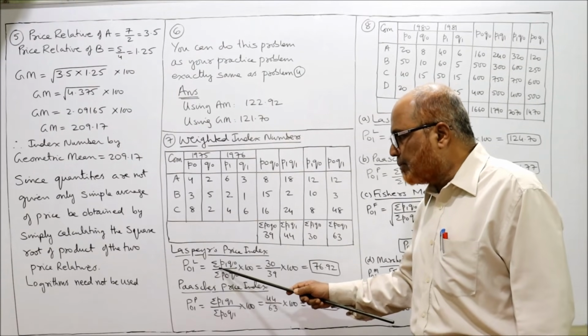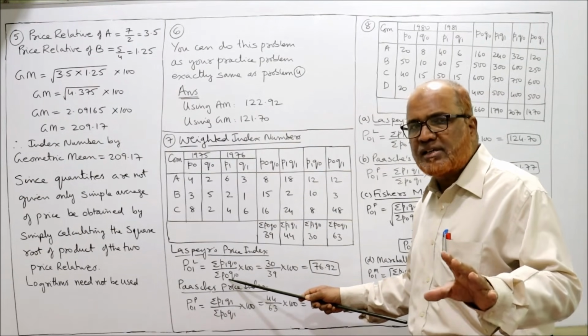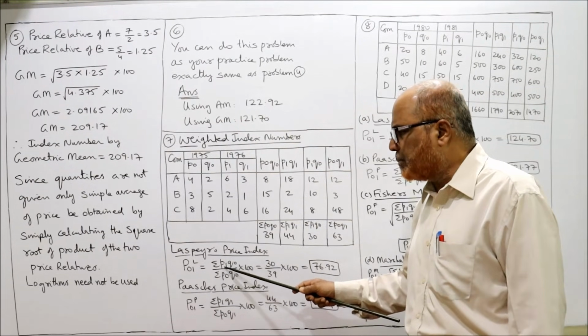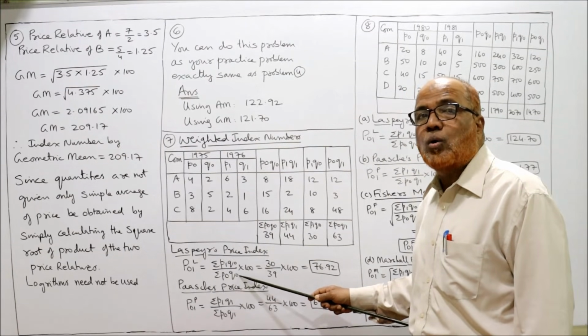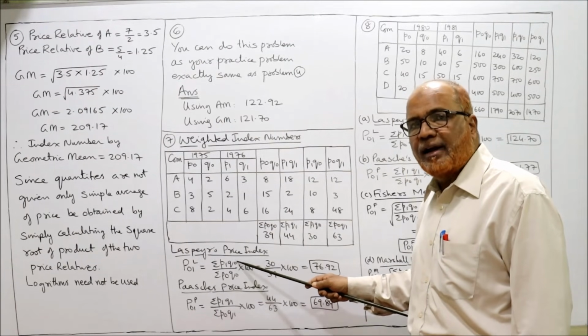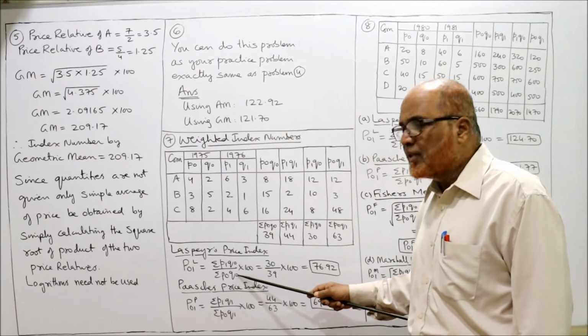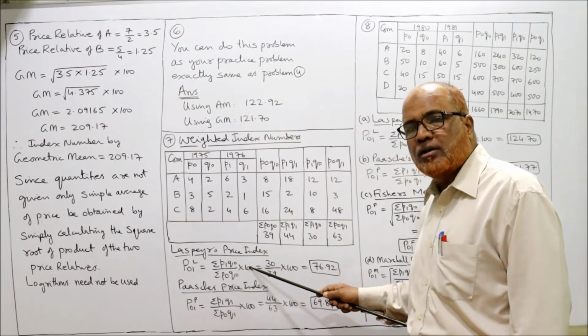See carefully. Summation P1 divided by summation P0, first you write down. Always in every problem, summation P1 by summation P0. Now you multiply the base year quantity. The base year quantity is Q0. Numerator Q0, denominator Q0. So it will become P1 Q0 over P0 Q0 into 100.